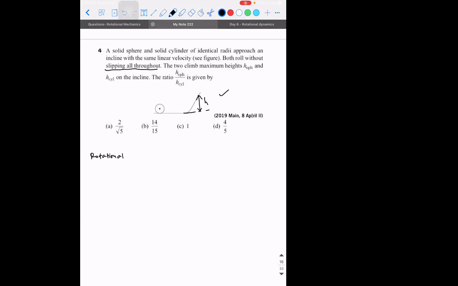Is it only rotational kinetic? Plus translational kinetic is equal to gravitational potential. So apply it and tell me what is the answer.